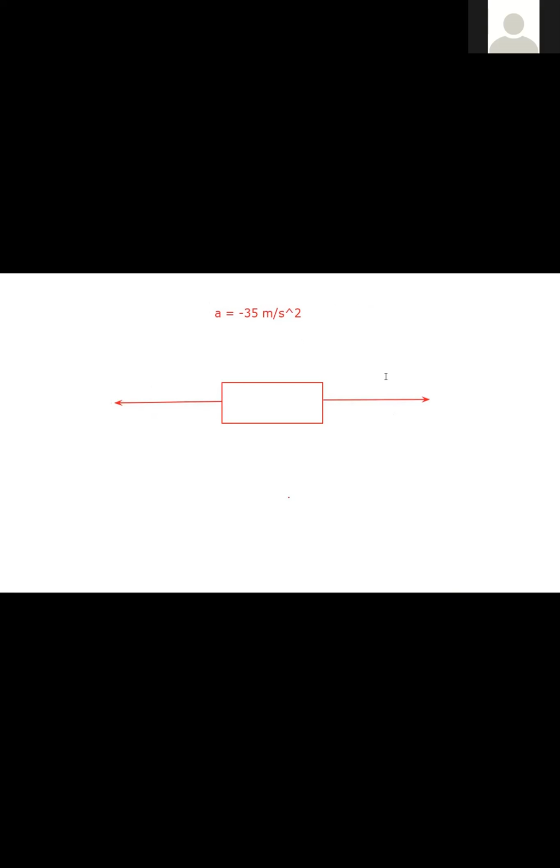Let's say the one to the right is, I don't know, 1,000 newtons. We'll call that A, and the other B. A equals 1,000 newtons, and B equals 600 newtons.